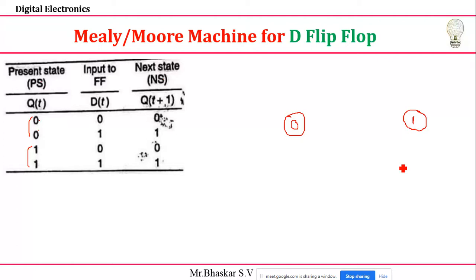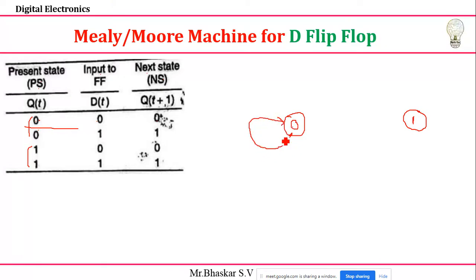Next, once you represent that, carefully observe. Now I want to write the transitions. How to write the transition? See, first I'll take this one. Present state is 0. Next state will also be 0 only when my input is equal to 0, right? That means I'm looking at this state, so it should remain here only.